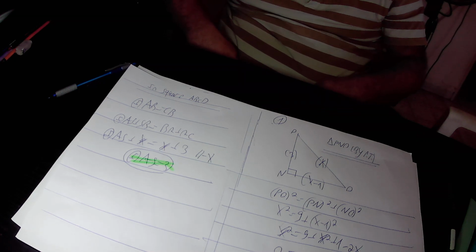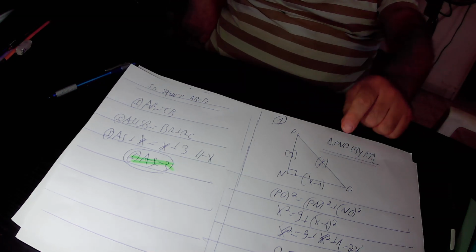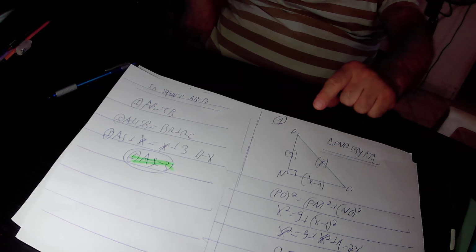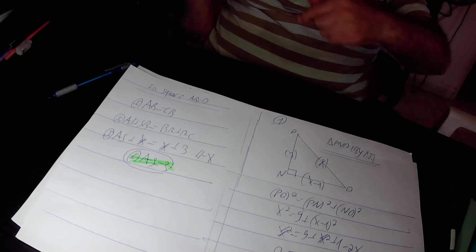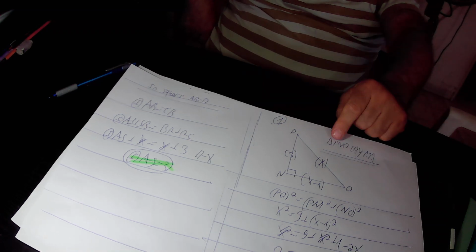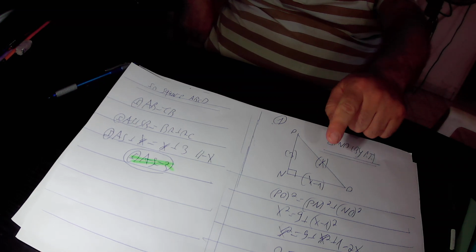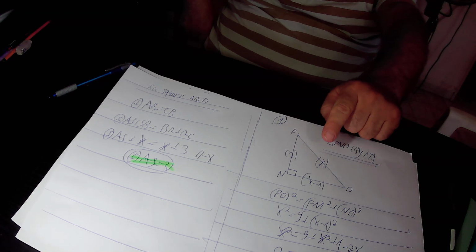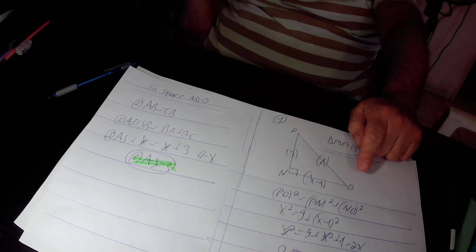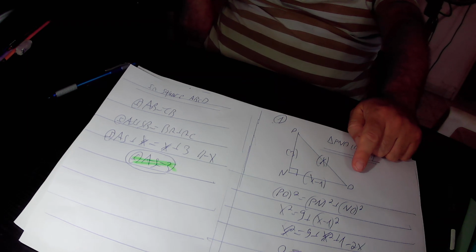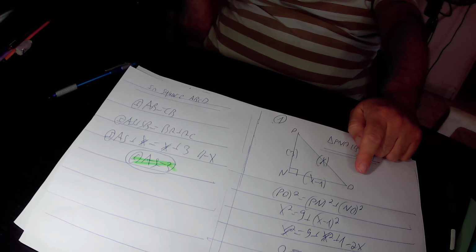PO squared, the square of the hypotenuse, equals PN squared plus NO squared. PO is X, therefore PO squared is X squared. PN is 3, therefore PN squared is 9, plus NO squared. NO is X minus 1, therefore NO squared is X minus 1 squared.